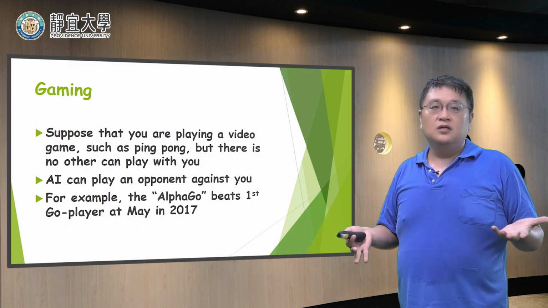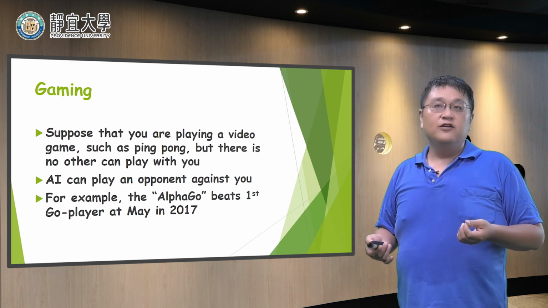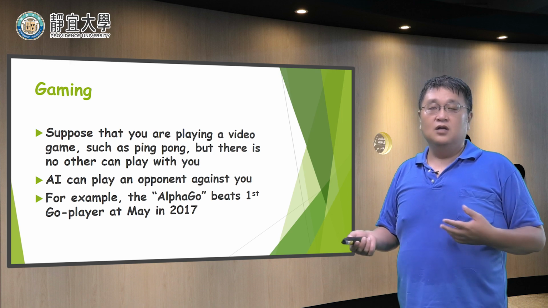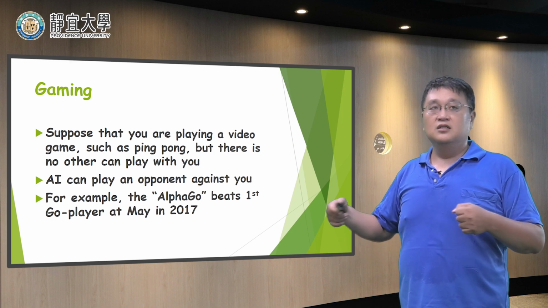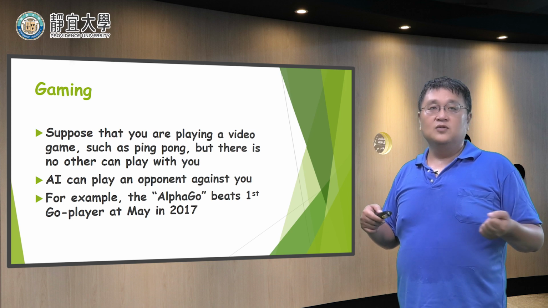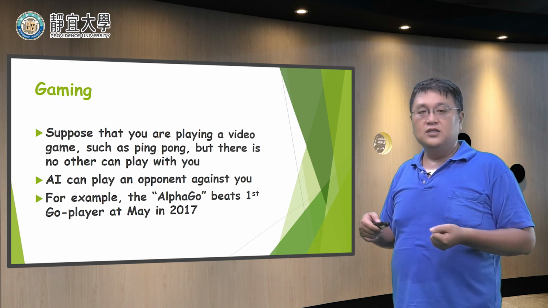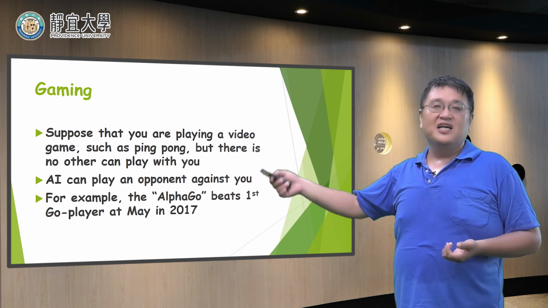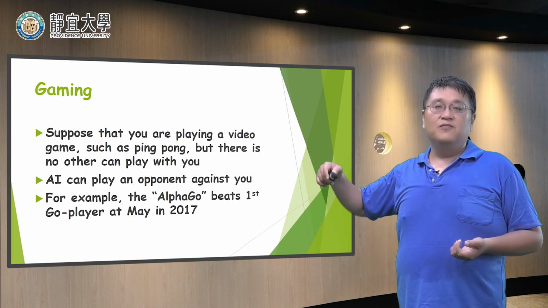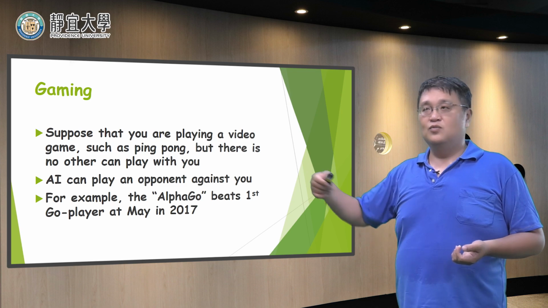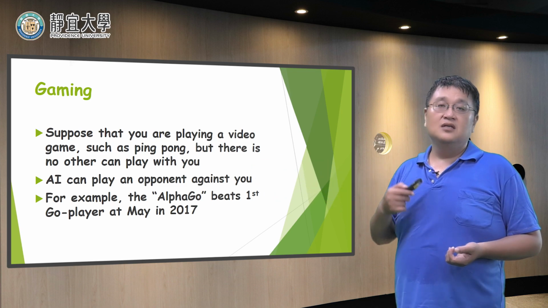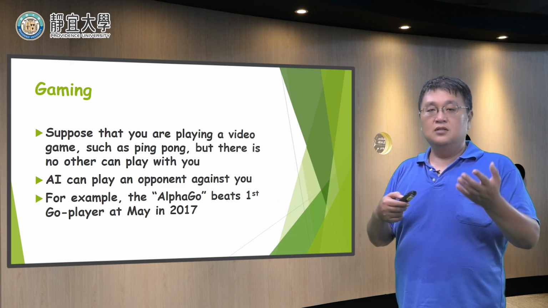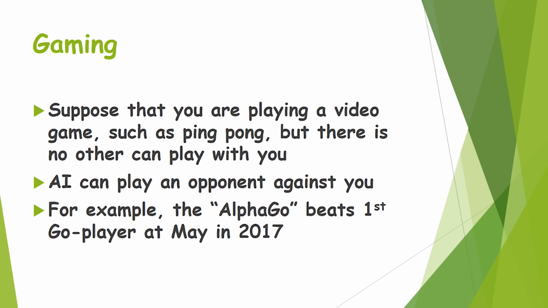And also, suppose you play a video game and you want somebody to play against you, but you only have yourself. You can use a computer as a partner to play with you or against you. AI can play against you.